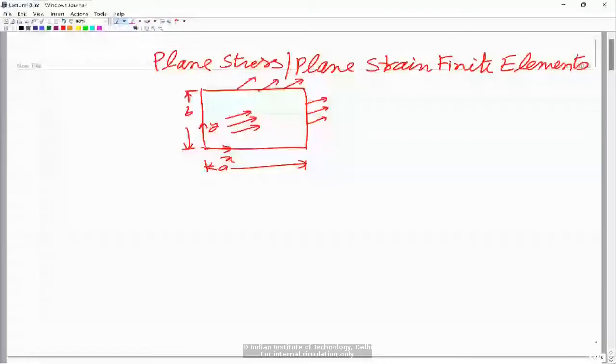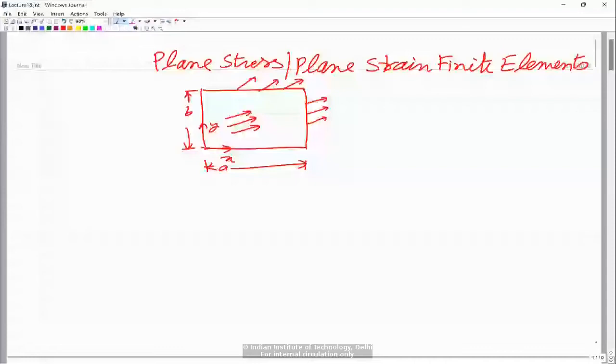If you look at a hanging screen, because of its self weight, the load is in the directions containing the plane of the screen, and the thickness is of course very small in that case. So that is a plane stress problem.